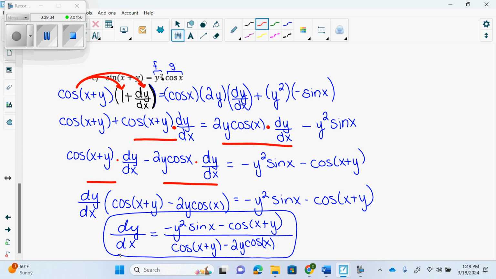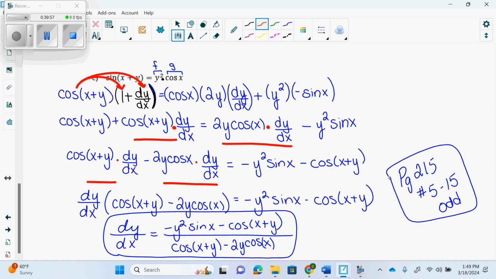It's page 215, 5 to 15 odd. Page 215, 5 to 15 odd. If you don't work on it tonight, it's going to be due after tomorrow, because I'm adding 4 more questions tomorrow. So it's depending on whether you want to start doing some of it tonight while it's still fresh in your head.